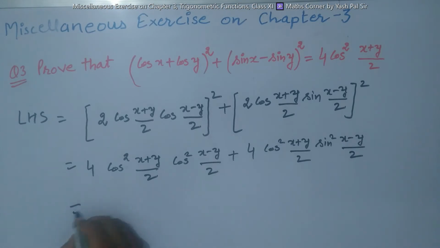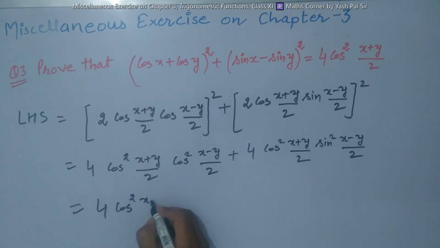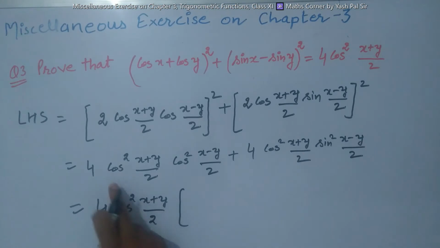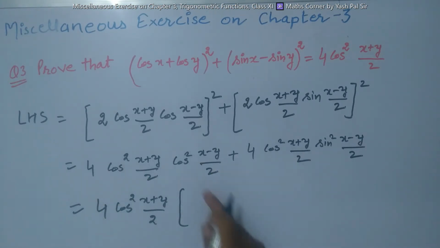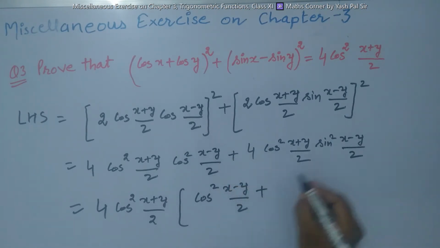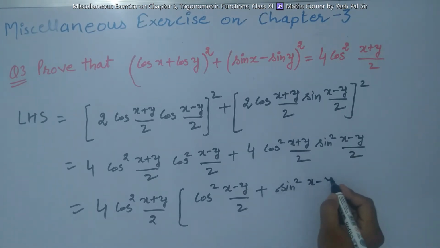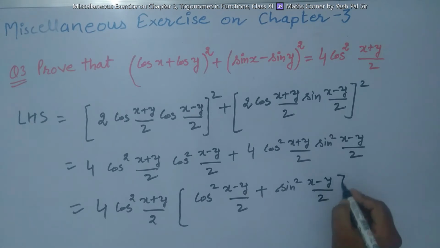So now taking 4 common as well as cos square of (x plus y) upon 2 taken common from here and here, what we are left with is cos square of (x minus y) upon 2 plus sin square of (x minus y) upon 2.